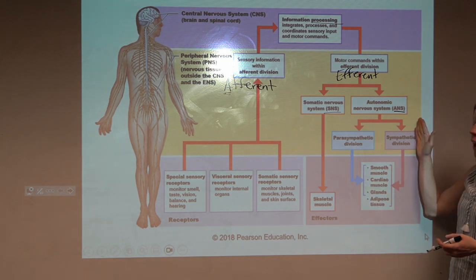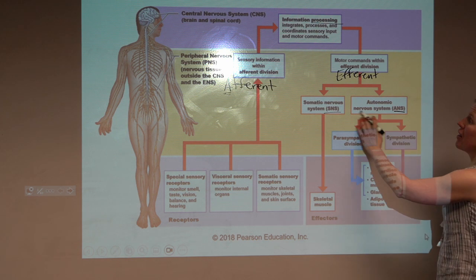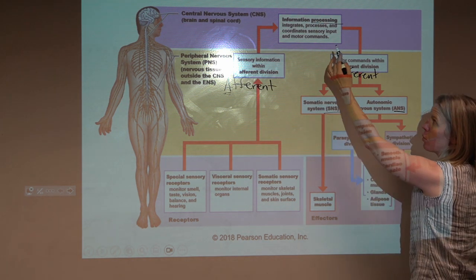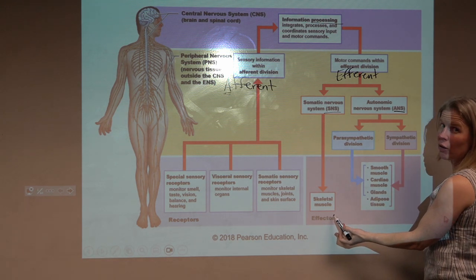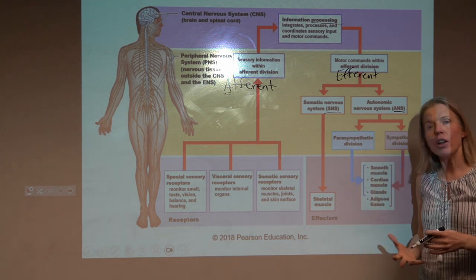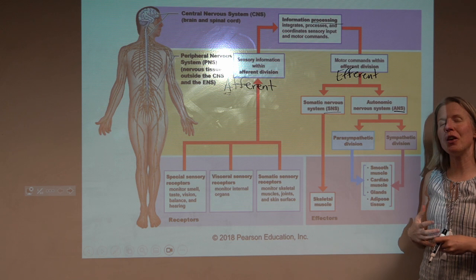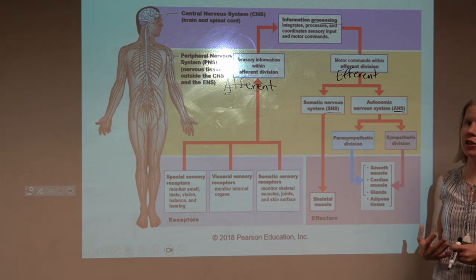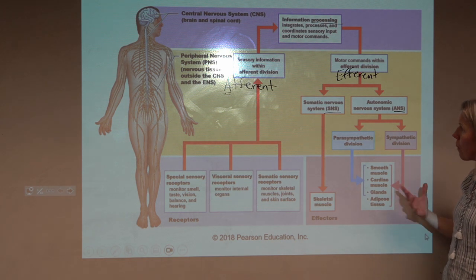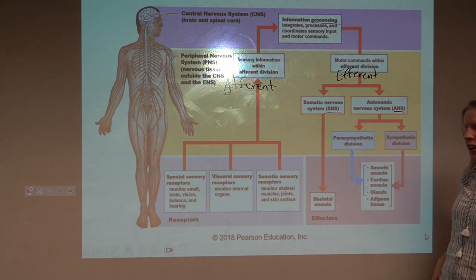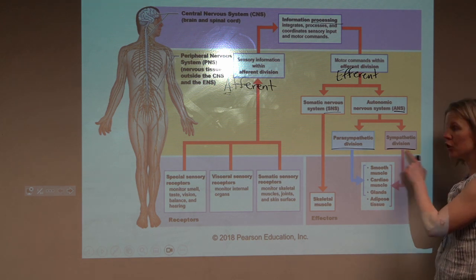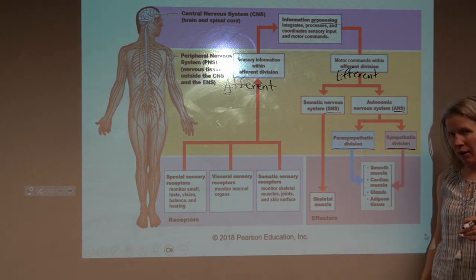On the other half, the autonomic nervous system, this is going to be involuntary, right? We consider this voluntary. The brain made a decision and told your skeletal muscles what to do. The autonomic nervous system deals with a lot of other organs that are under unconscious or involuntary control. We further break the autonomic nervous system down into the sympathetic division and the parasympathetic division.